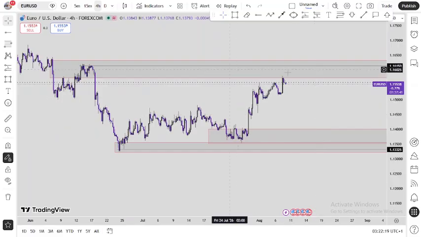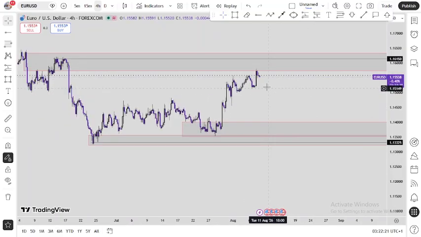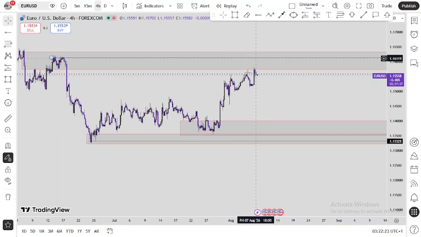So if you're seeking bullishness, price has touched this supply area, so we could see continued bearishness to this point and maybe breaking it.